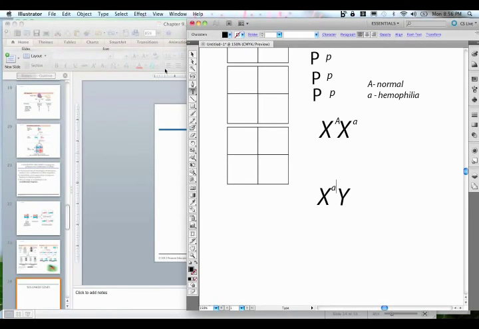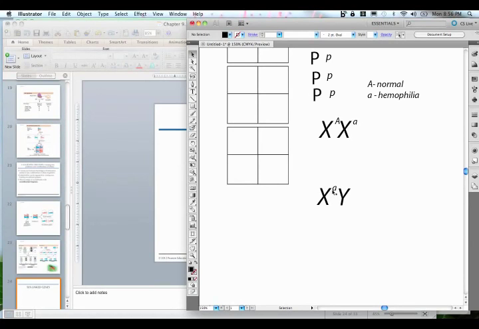If the male gets a little a, he has hemophilia. He doesn't have a chance to cover it up like mom did, see, or like the girl, his sister. She has a copy of the gene, the hemophilia allele, but she also has a functional copy, so she's okay. She's a carrier. She carries the hemophilia without showing it.